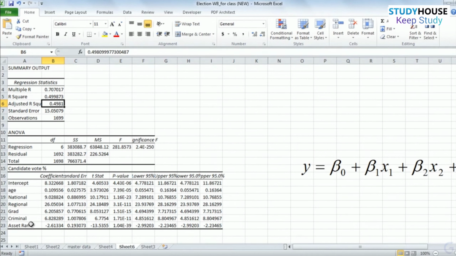Which means if you look at all the values of y, there are 1699 observations which we had. If you look at their values and how they differ from each other, and if you were to look at the corresponding values for their age and party, criminal, and so forth, you would be able to make an accurate estimate of about 50% of these observations. Now, is that a good number?